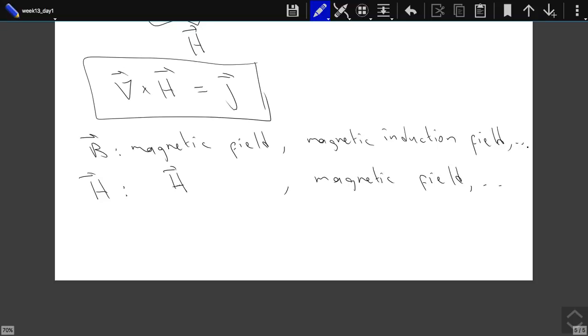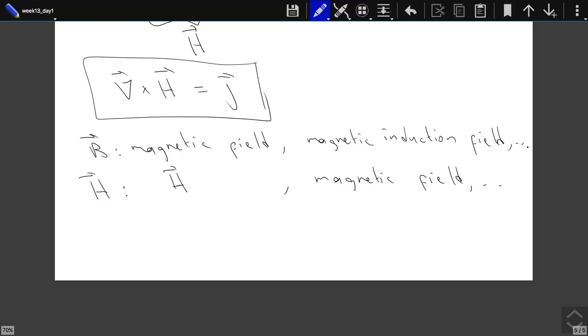So how do you create a B field or an H field? We have a solenoid, and then we have a current turning around it, and by changing the current, we can set the field.